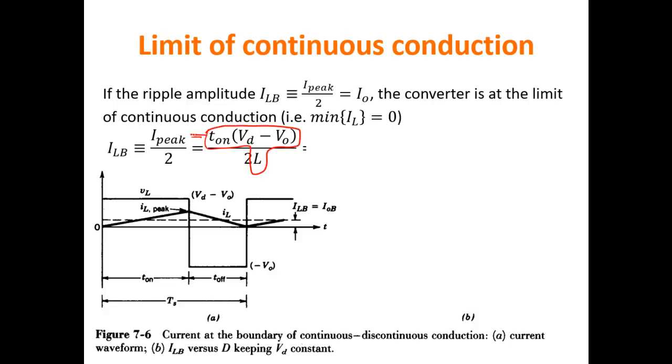And of course, we can express it in terms of the duty cycle, because we already did those calculations before. We can write T on as D times Ts, which is basically a definition of D. And then we know that Vo is equal to D times Vd, so we can take out Vd and write 1 minus D. So this Vd times (1 minus D) is equal to Vd minus Vo.